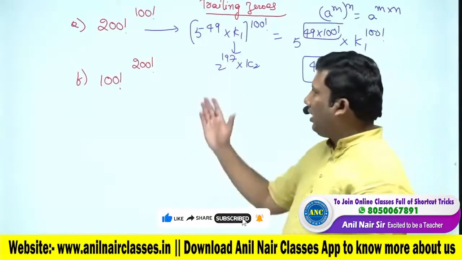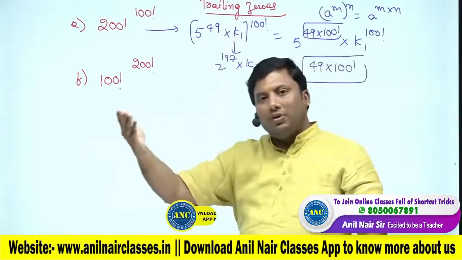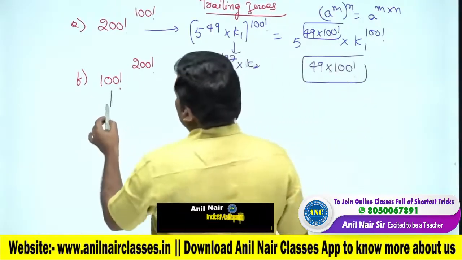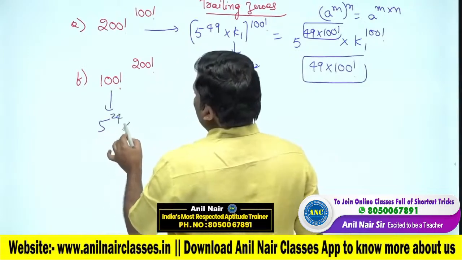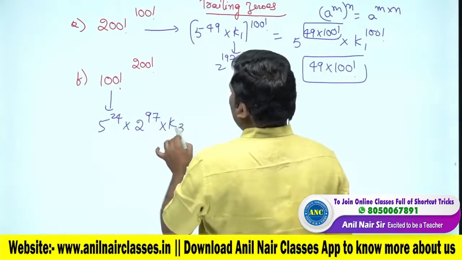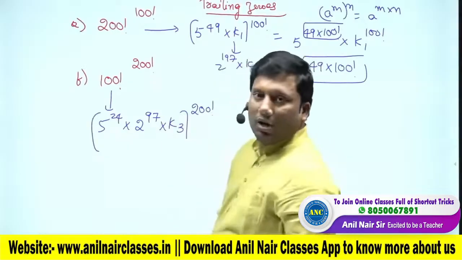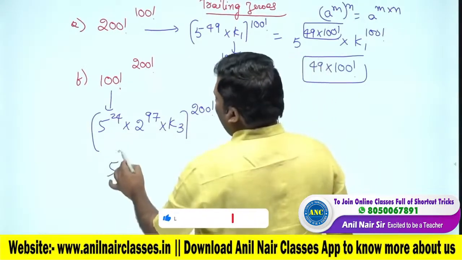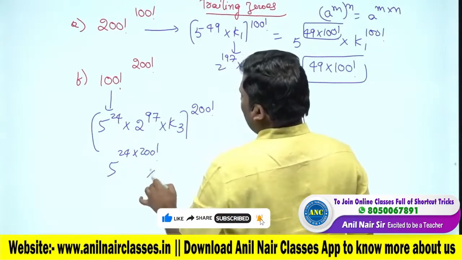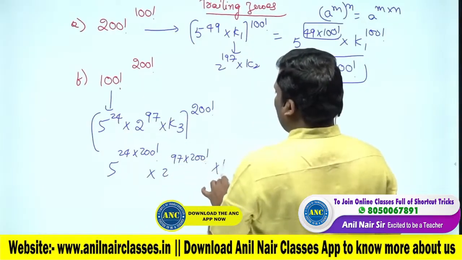So here it is 5 power 24 into 200 factorial, 2 power 97 into 200 factorial, into some k3.